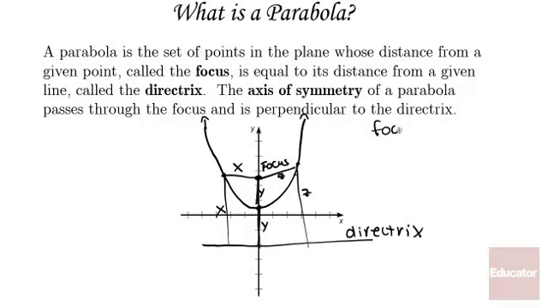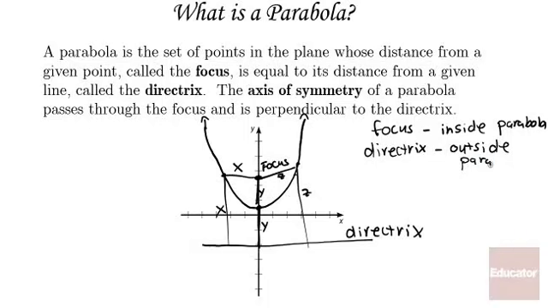So a couple things to note. The focus is inside the parabola. The directrix is outside. This is because the focus and the directrix are on the opposite sides of the vertex.